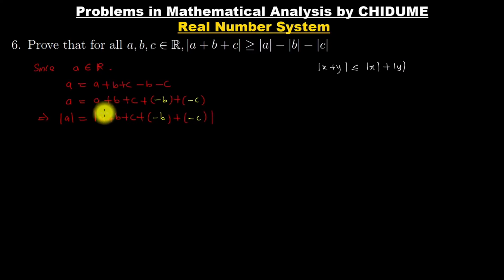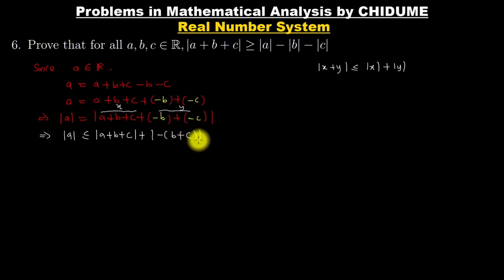So if I call everything here my x and everything here my y, the absolute value of a would be less than or equal to the absolute value of a plus b plus c plus the absolute value of negative b plus negative c.